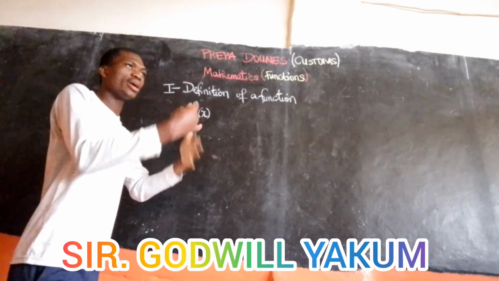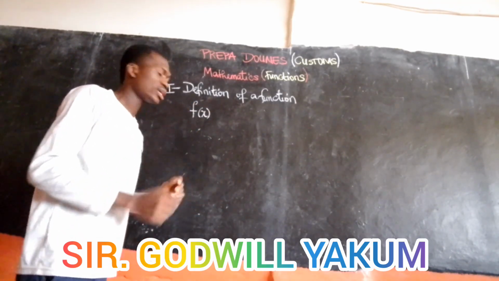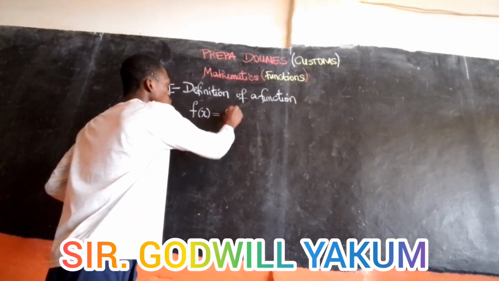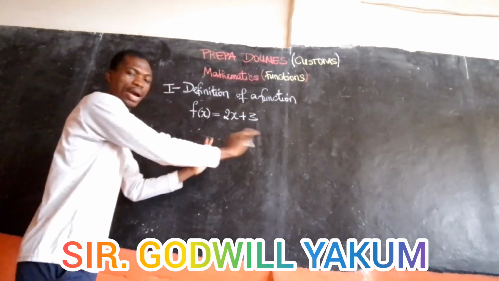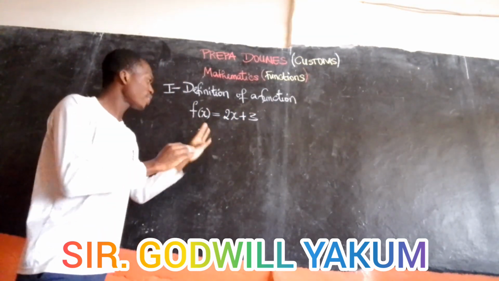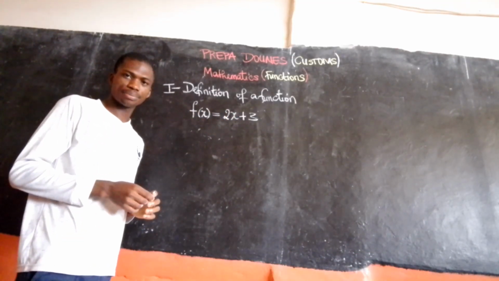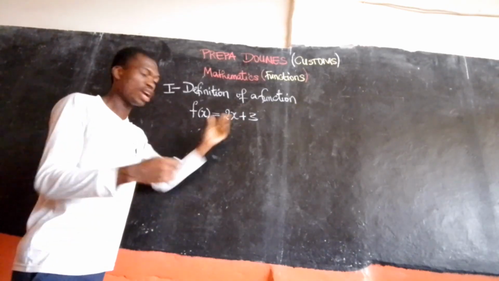So the function varies, or the equation I am about to give you varies with respect to x. f of x can be equal to 2x plus 3. For example, it's just an example. Now, you notice that whatever the value of x may be, the function changes its value. We are going to see this by the time we are going to be evaluating functions.